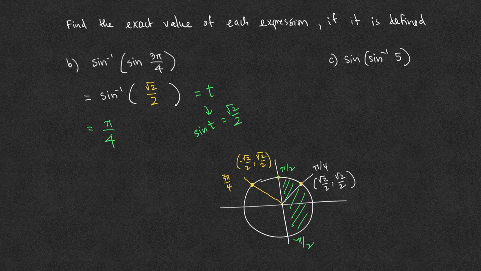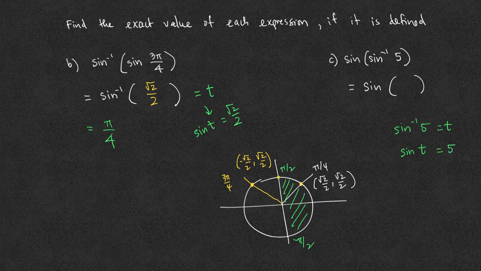For the second part, we would evaluate the inner function first, which is sine inverse of 5. And so the question is now, what is t such that sine inverse of 5 equals t, or what is t such that sine of t equals 5?